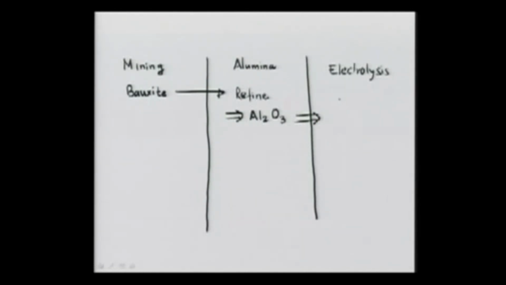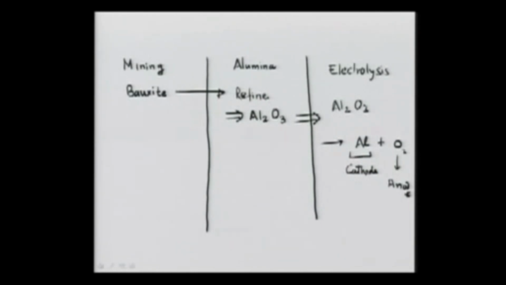Al2O3 goes to aluminium plus oxygen; the aluminium goes to the cathode, and the oxygen that comes out will go to the anode. And what really happens, we'll see in a moment.